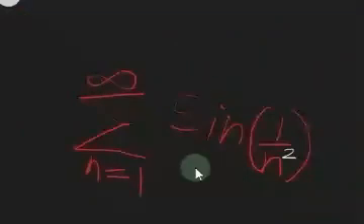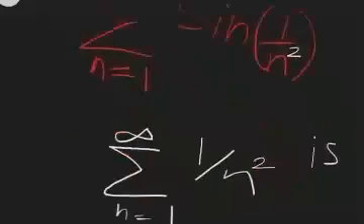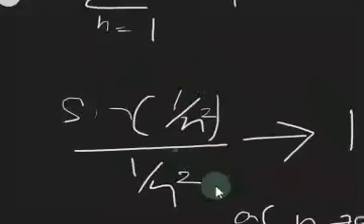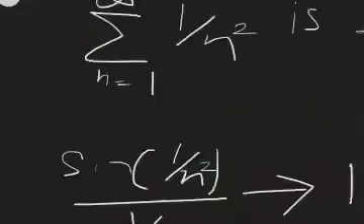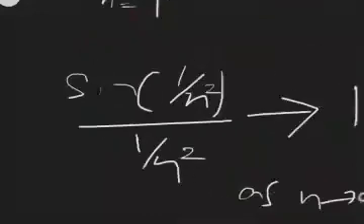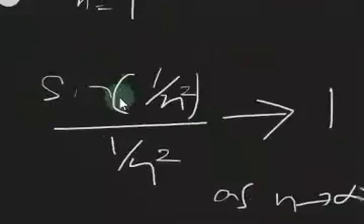First show that this one is non-negative, and if you want to compare with this, then show that the limit of this one is finite as n tends to infinity, right?